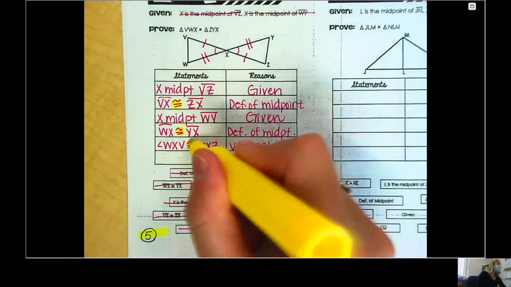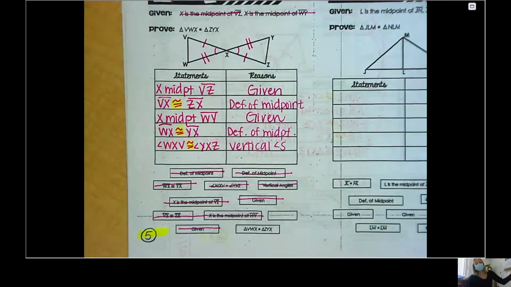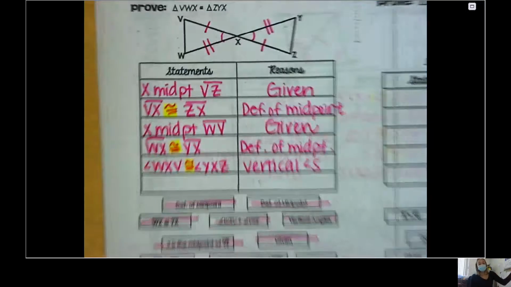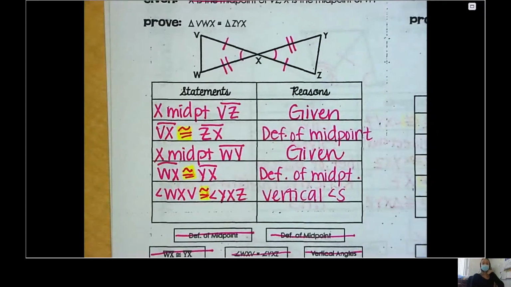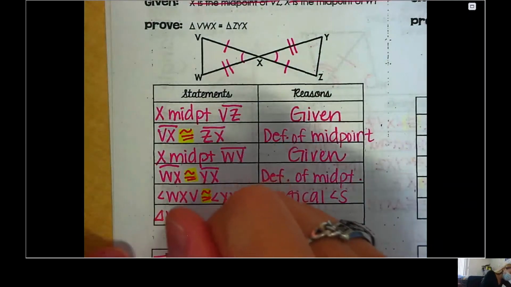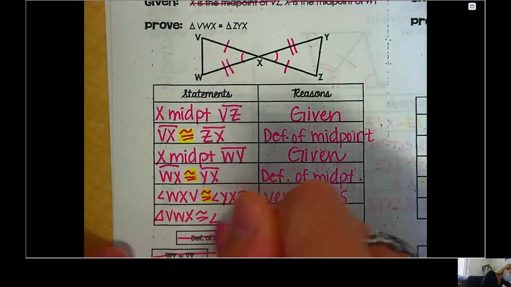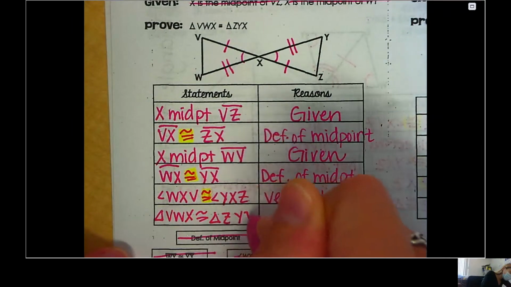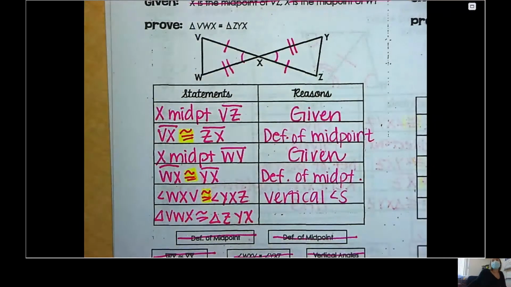Okay, there is my third congruent symbol. Now my final statement has to be what? The prove. Triangle VWX is congruent to triangle ZYX. And then I have to just pick out what's the final theorem that proves these are the same. So what theorem proves those two triangles are congruent?